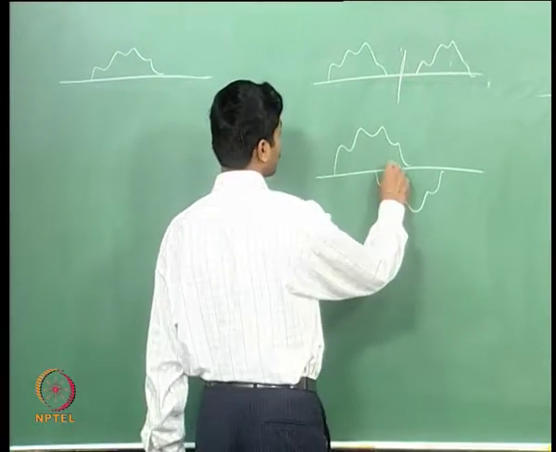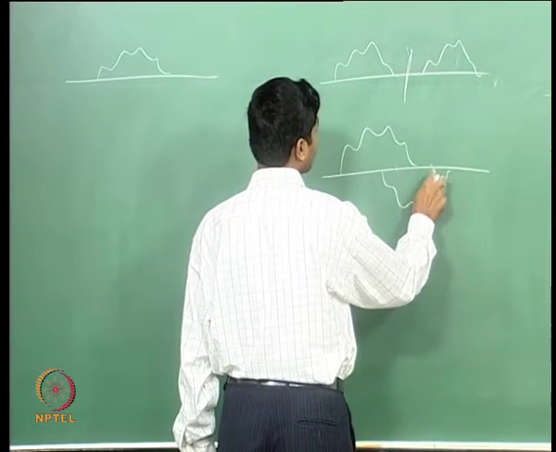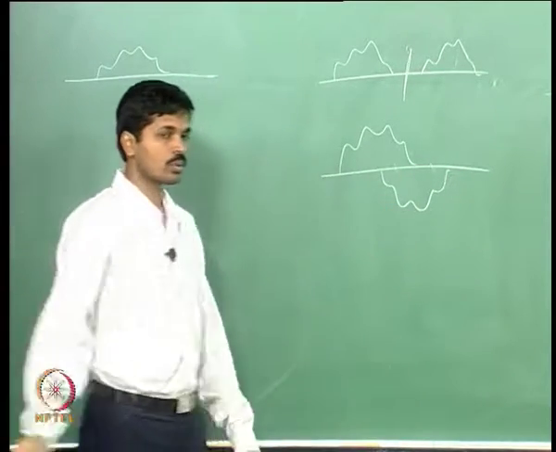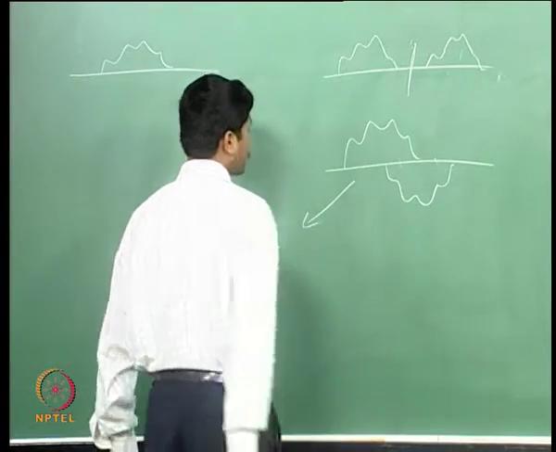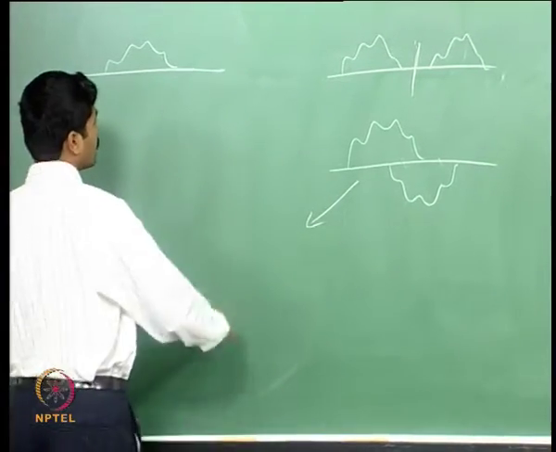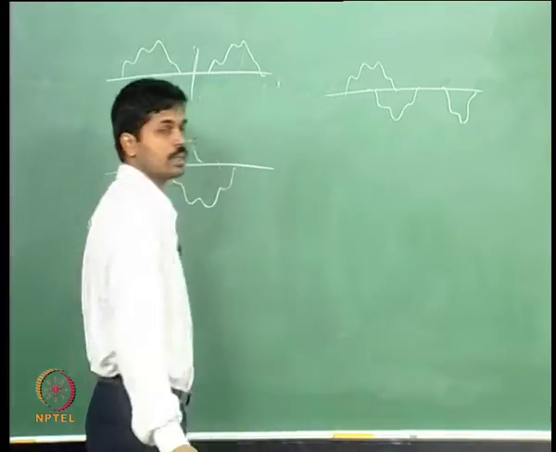So, for example, if you cut here or here or here, wherever you want to cut, you cannot separate it into two diagrams. Therefore, diagrams like this are known as one particle irreducible diagrams, whereas these are not irreducible, these are reducible.